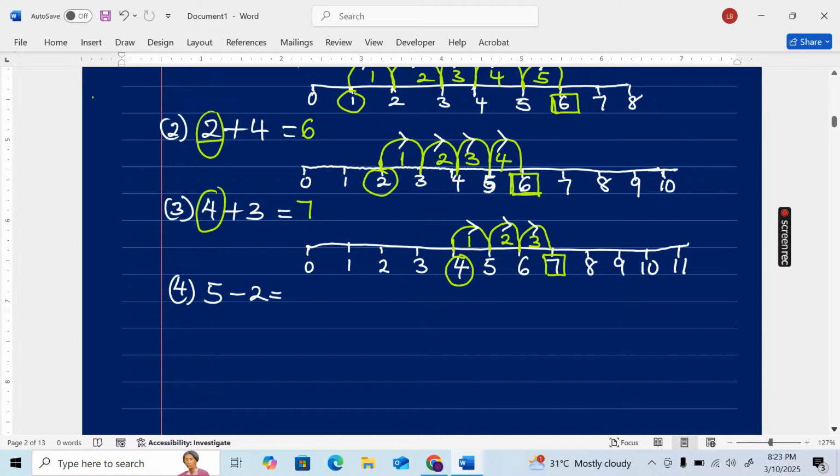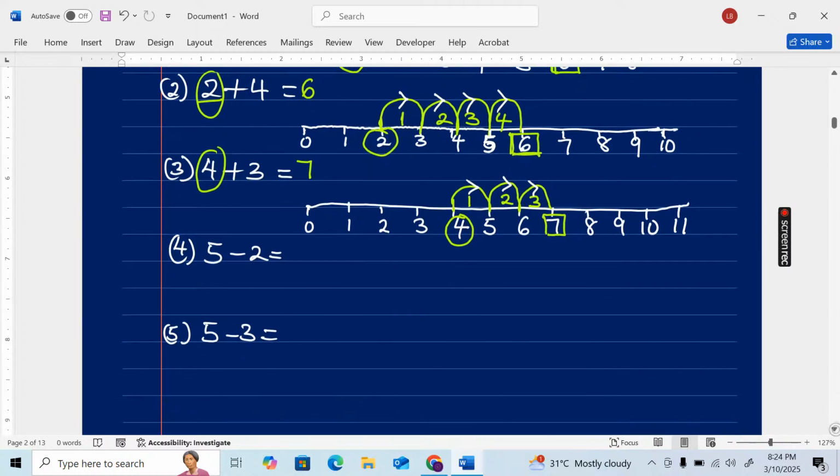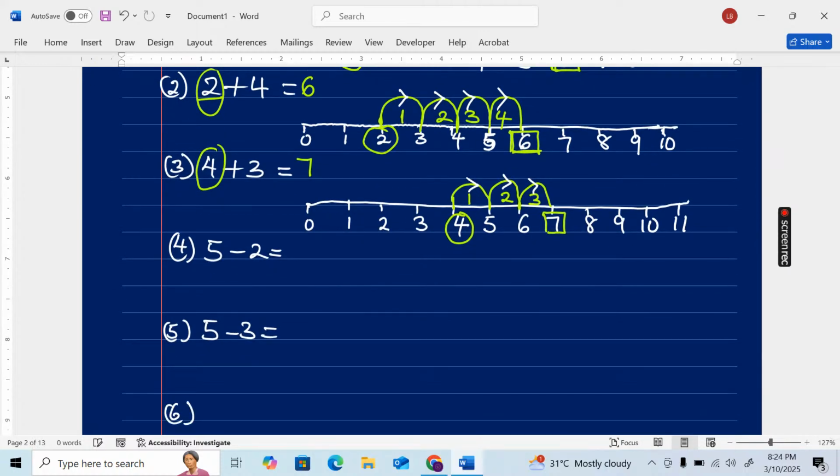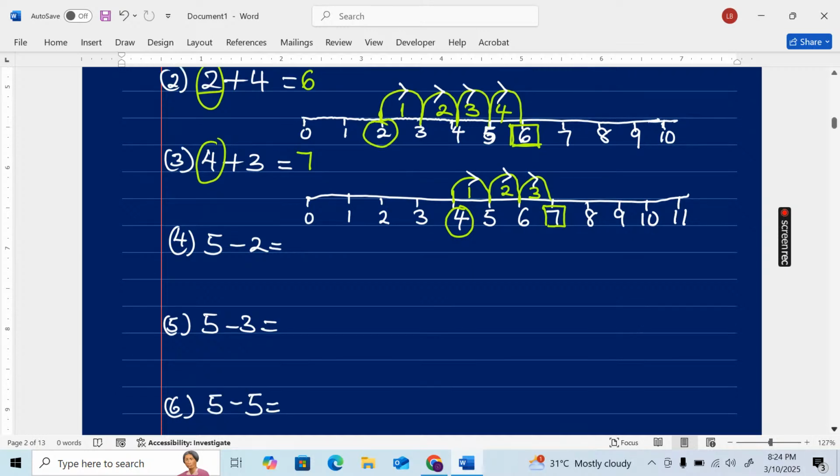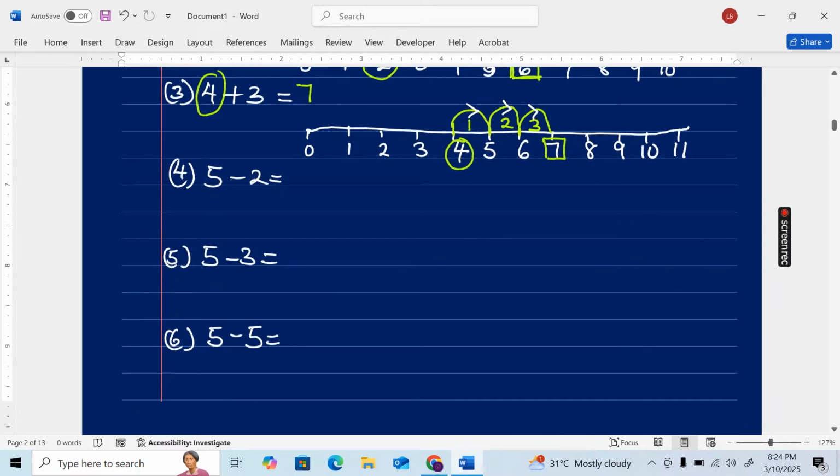Yes, I know that 5 minus 2 is 3, but you need to prove it to me using the number line, right? Now the next one is 5 minus 3. And the sixth one is 5 minus 5. Make sure you are writing 5 minus, let's say 5 minus 7 right here.